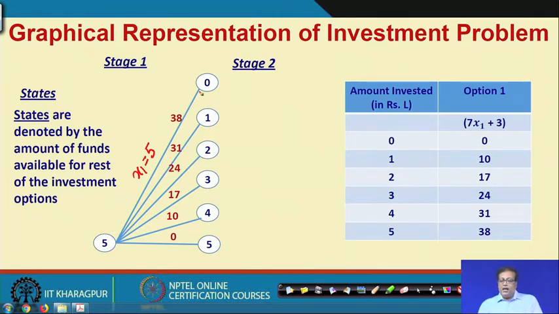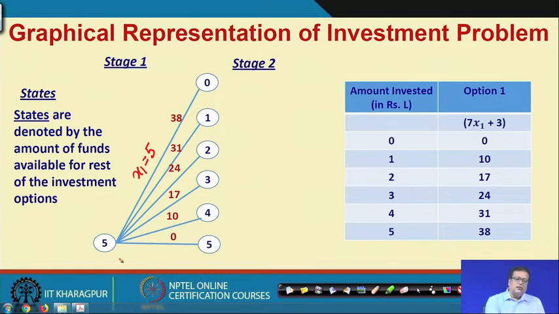Is it all right? And look at this formula, that is 7 x 1 plus 3. That gives us a total profit, or net present value, that can be returned, which will be 38. So what is this 38? If we invest 5 lakh rupees in the first investment option, then we get 38 lakhs as the net present value.